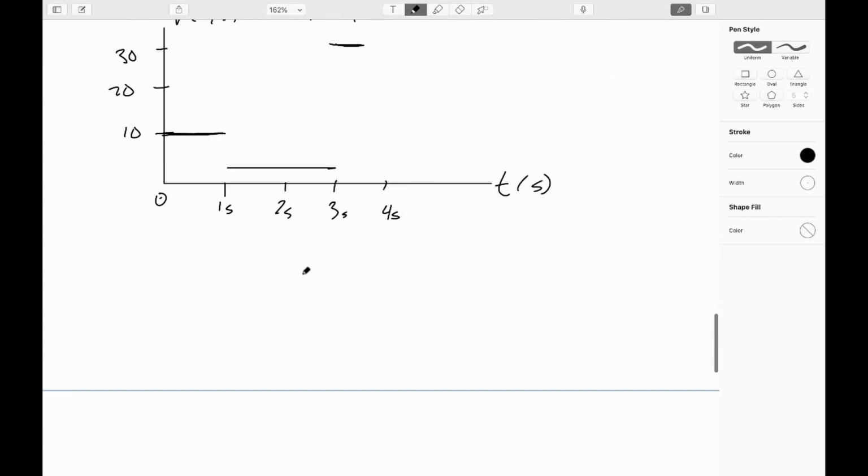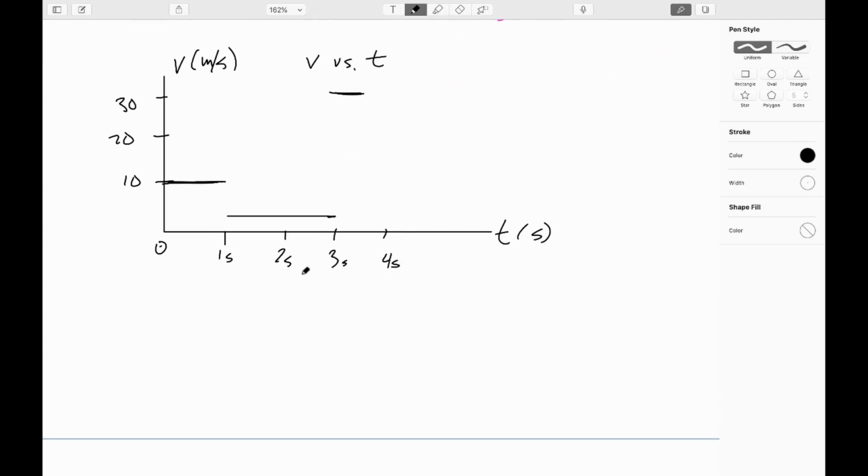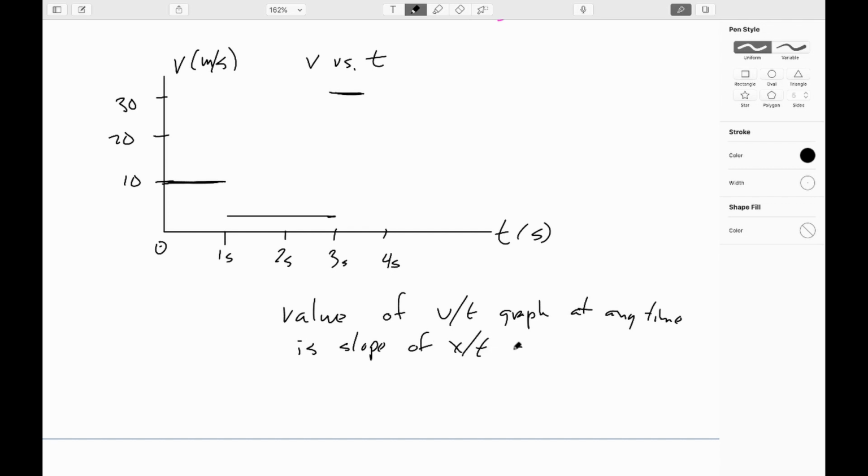From the velocity time graph, I can do this backwards and say the value of the velocity time graph at any time is the slope of the position time graph at that same time.